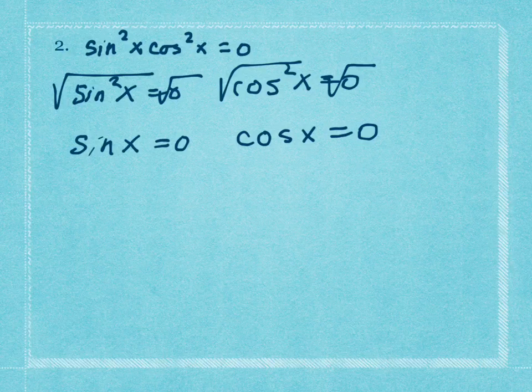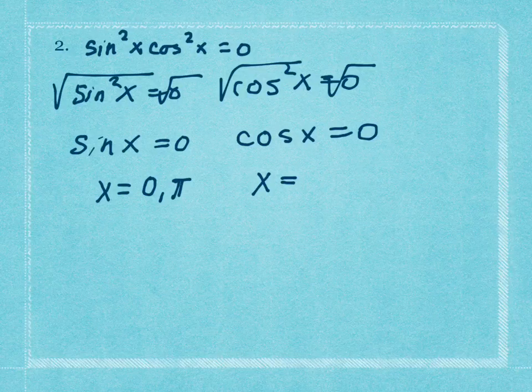Okay, so now you use your unit circle and you think, where does sine of x equal 0? Zero and pi. Do we need to have a unit circle quiz again? Okay. Cosine of x. Where does cosine of x equal 0?